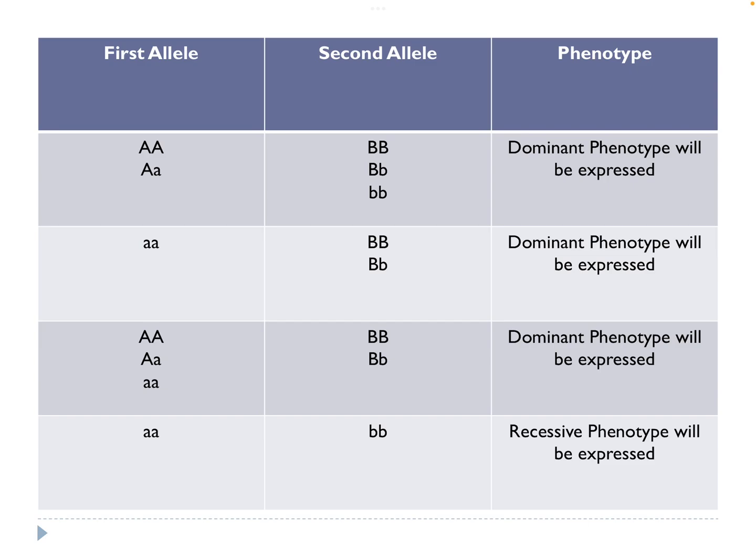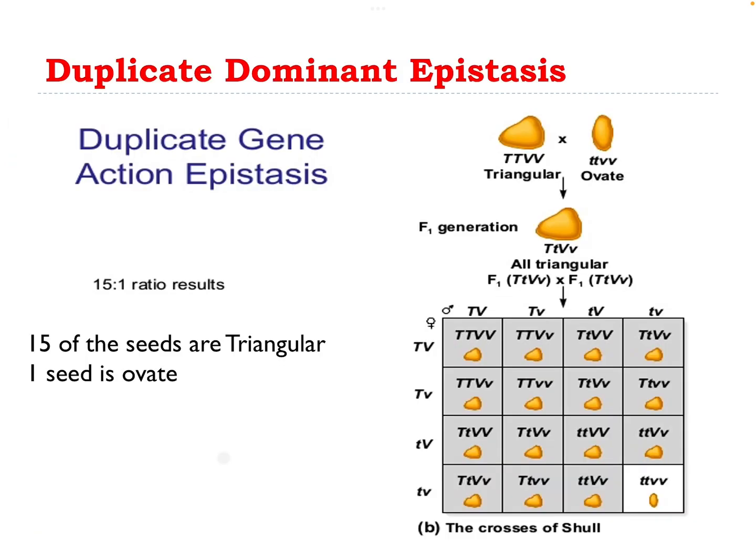So in this example, you will have a dominant phenotype because of the presence of the dominant allele, either A or B. Here, you will produce a dominant phenotype. Also here, you will produce a dominant phenotype. But if it's recessive, you will produce a recessive phenotype. So let's have an example of duplicate dominant epistasis.